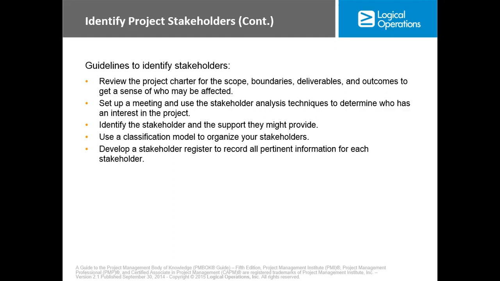Now, for this third point, identify the stakeholders and the support that they might provide. Some stakeholders may not actually be a part of the project, but because of the interest they have in that project, it may affect whether the project is successful or not. For instance, in an organization, let's say there's a project that has to do with developing a particular community.